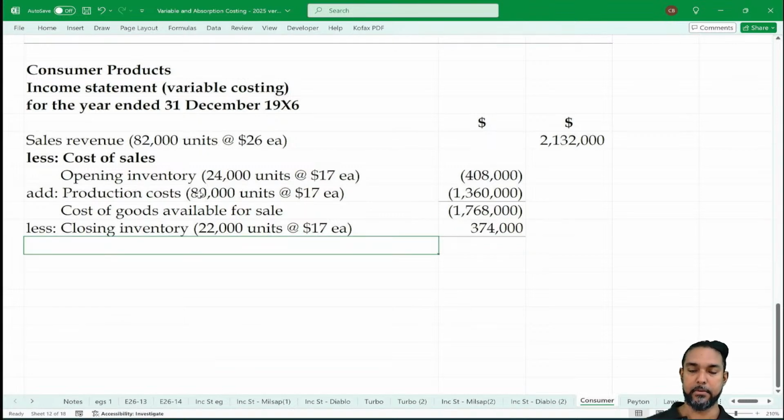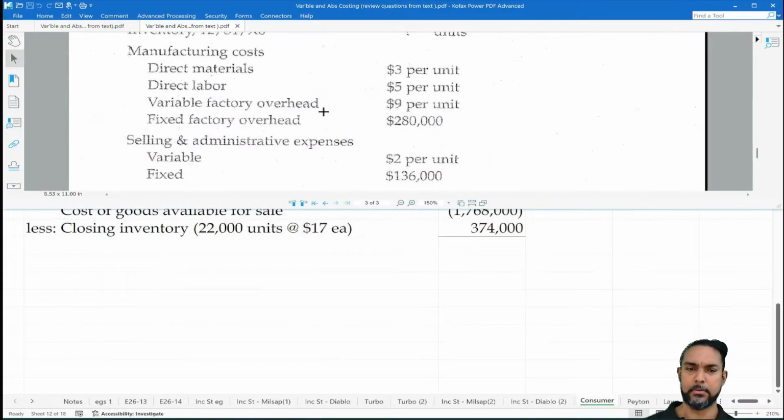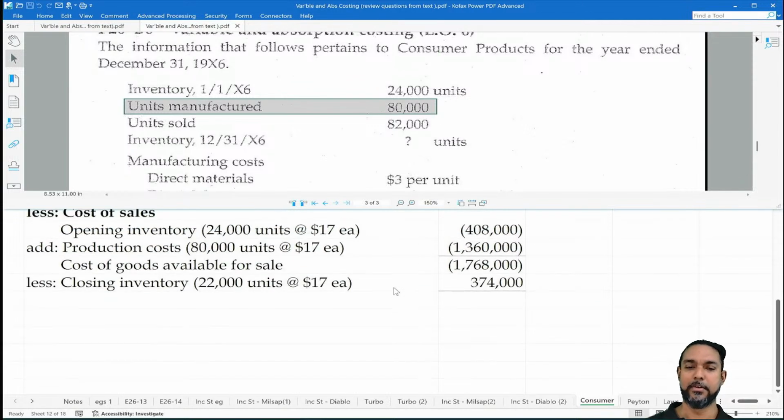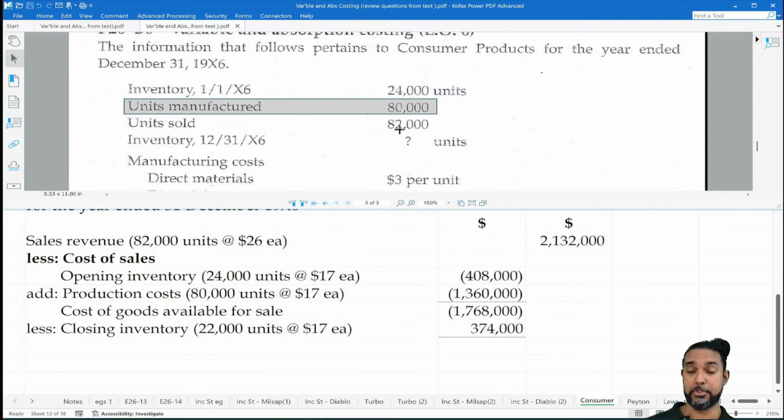Oh, 82 here? No, manufactured. Yeah, the opening inventory was 24 and we manufactured 80. So 24 and 80 would give us the 104, and then we sold 82, and we have 22,000 left.